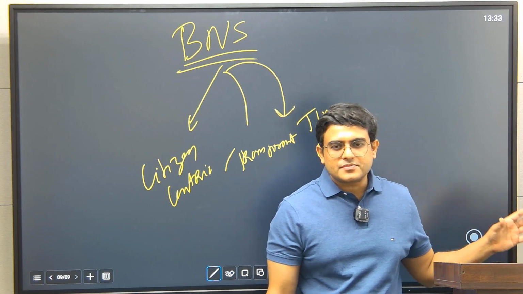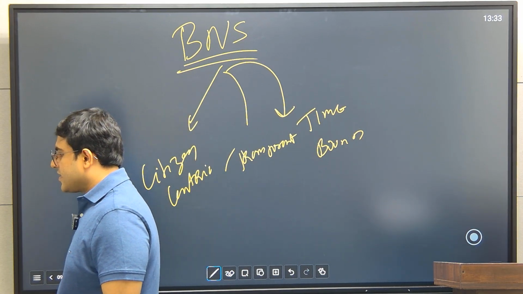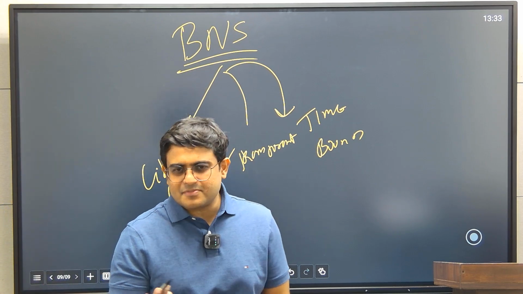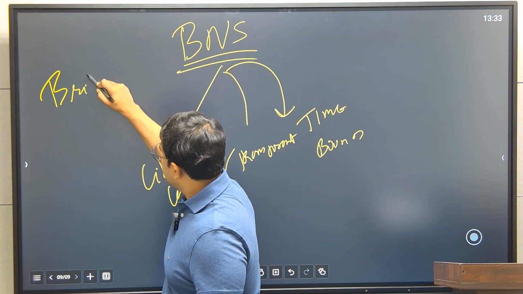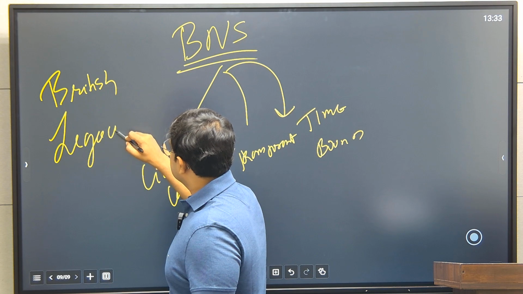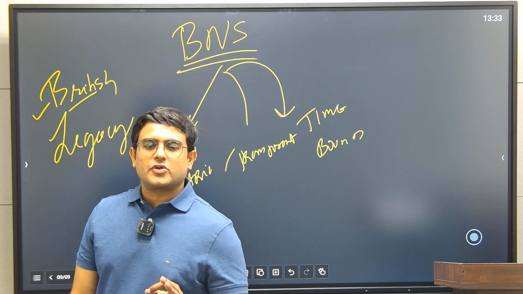Now, how can you connect these aspects with public administration? First, the British legacy, getting rid of the British legacy. See, this component of British legacy is specifically mentioned in your syllabus.